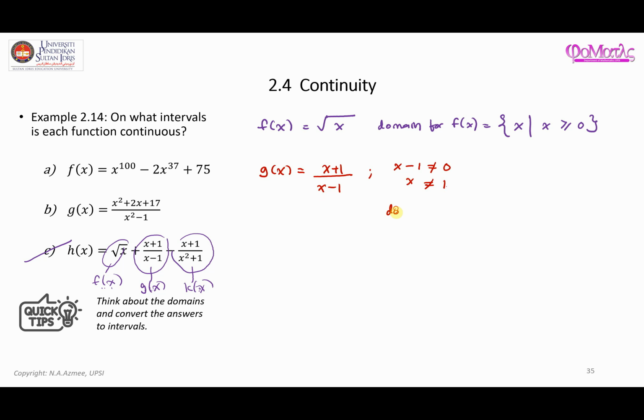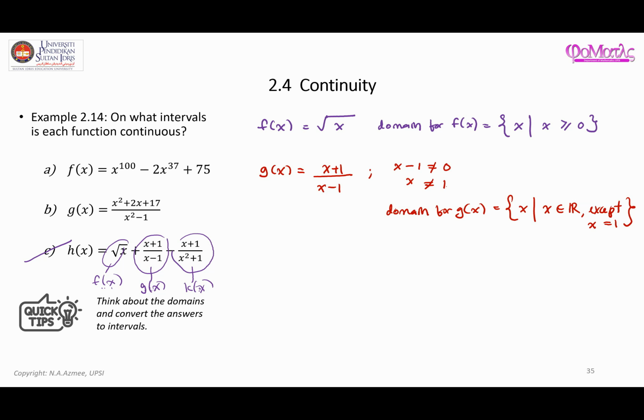And therefore, the domain for g(x) is all real numbers. That means x can take values from negative infinity to infinity, except x equals 1. So except x equals 1, the rest of the values are okay for function g(x).